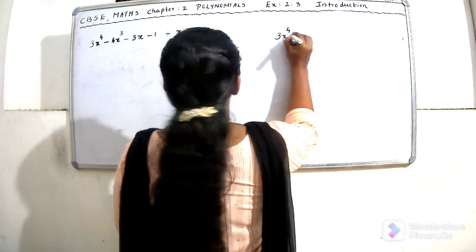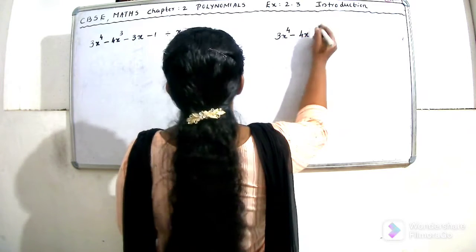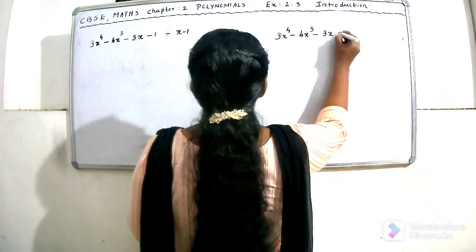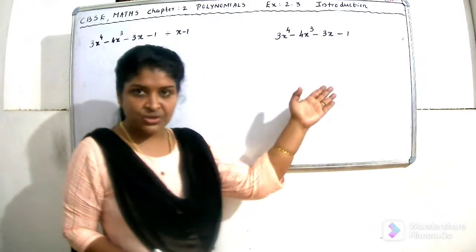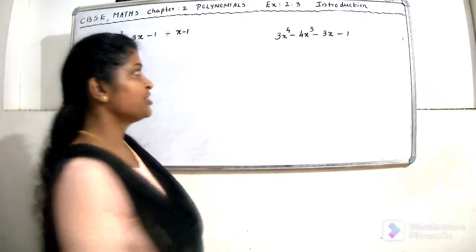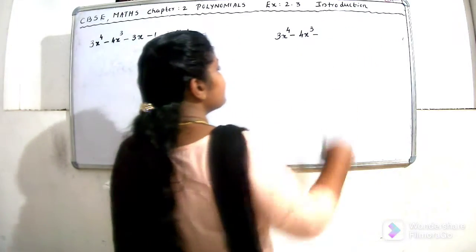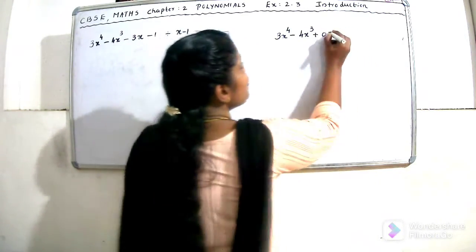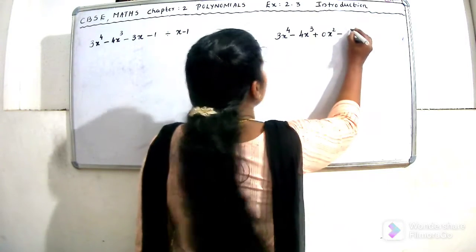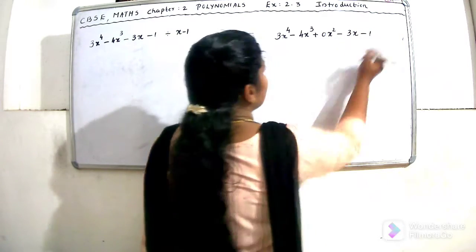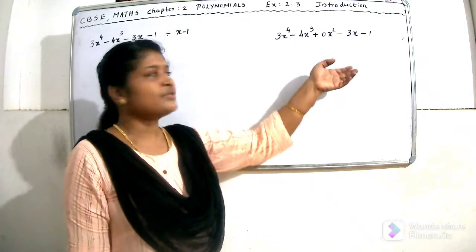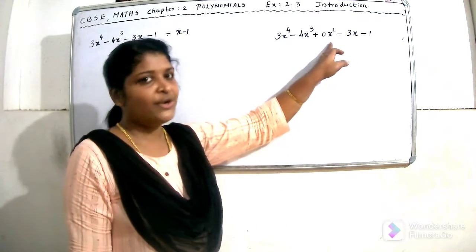3x raised to 4 minus 4x raised to 3 minus 3x minus 1. Actually this is the question, but when we are doing the division, power 2 is missing, so we have to compensate with 0x square, then minus 3x minus 1. Maybe some people are asking, is it compulsory to write like this?